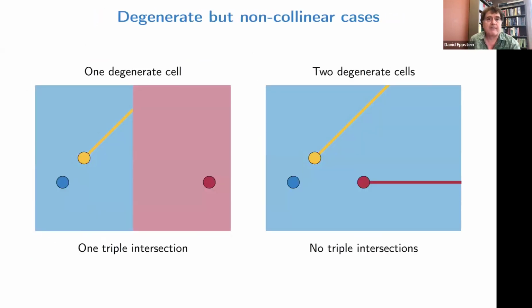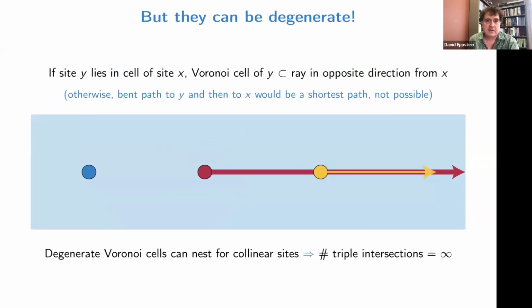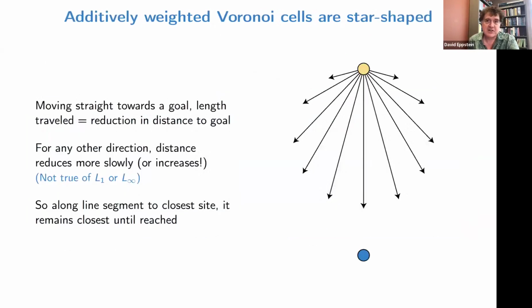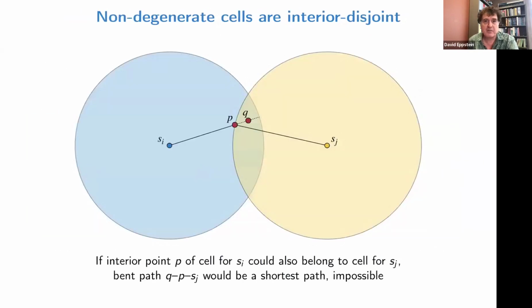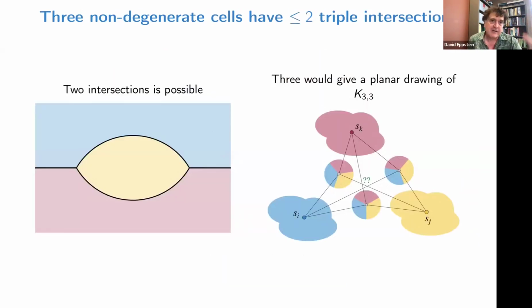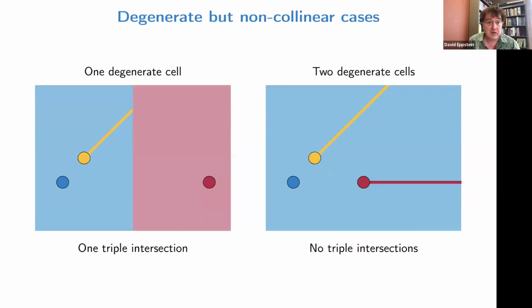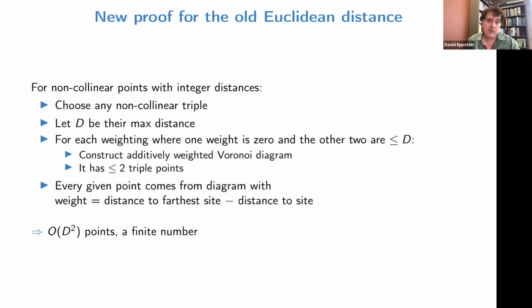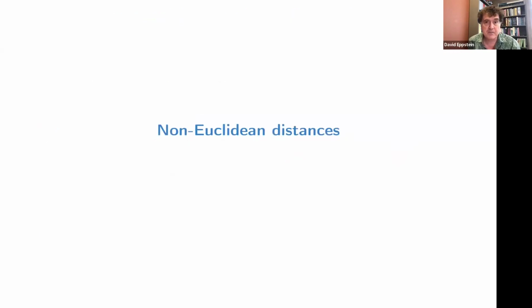The Voronoi cells are star-shaped. They can be degenerate, but when they're non-degenerate, they're interior disjoint. The non-degenerate cells have at most 2 triple intersections because we're still dealing with the topology of the plane. The degenerate cases look exactly the same, and the proof works exactly in the same way and gives you the same bound on the number of points. For any system of points with integer distances, either they're all on a line or there are O of d squared of them.